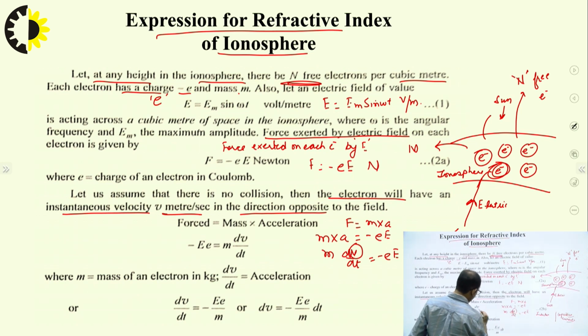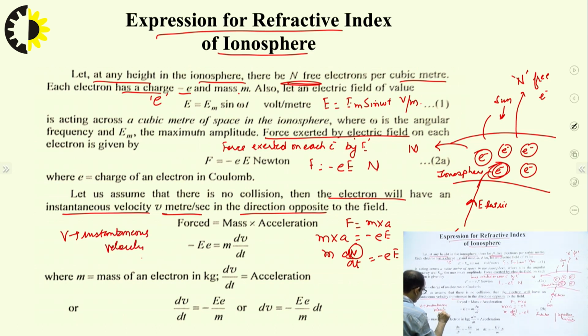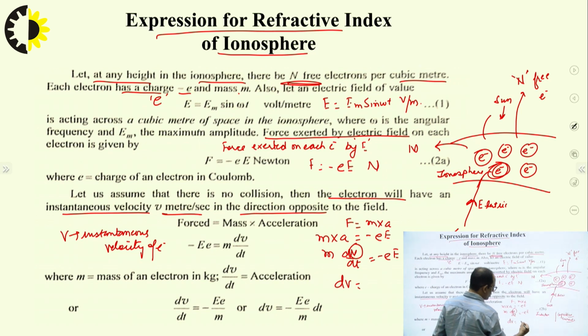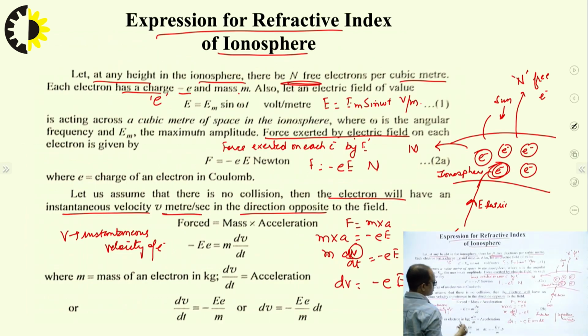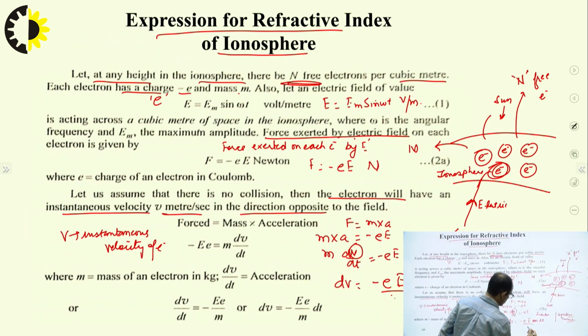So now see, v is the instantaneous velocity of the electron.